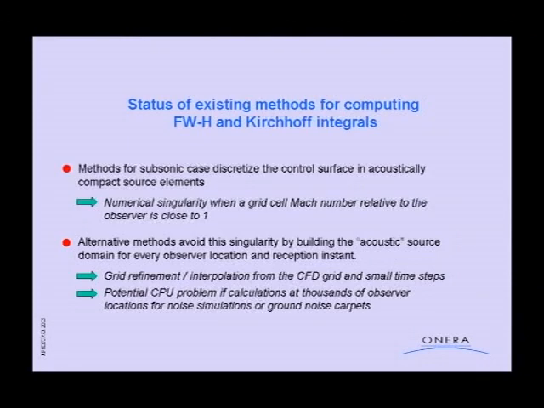So there is a potential CPU problem if calculations at thousands of observer locations for noise simulations or ground noise carpet computations have to be done. Because of the high directivity of helicopter rotor noise, which is changing with the flight conditions, we need to calculate each time the noise for a great number of locations, because you don't know where the maximum noise is.